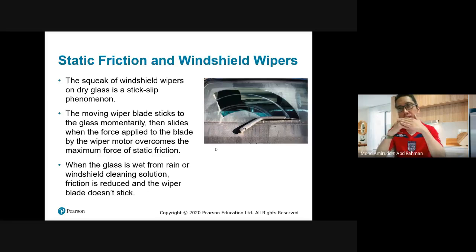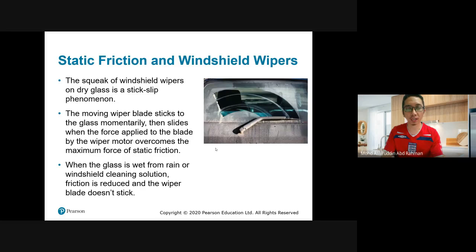We have rubber acting on the glass. The moving wiper blade sticks to the glass momentarily, then slides when the force applied to the blade by the wiper motor overcomes the maximum force of static friction.